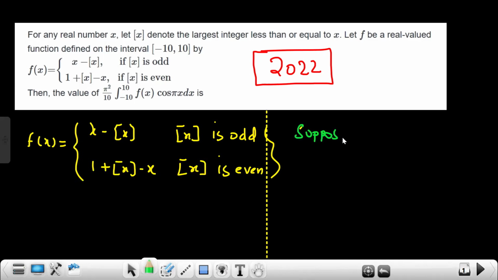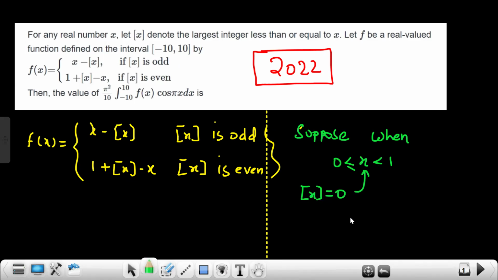So see, suppose in -10 to 10, when x is in between 0 and 1, we consider 0 as an even number, right? So when [x] is 0, that means x lies in 0 to 1.